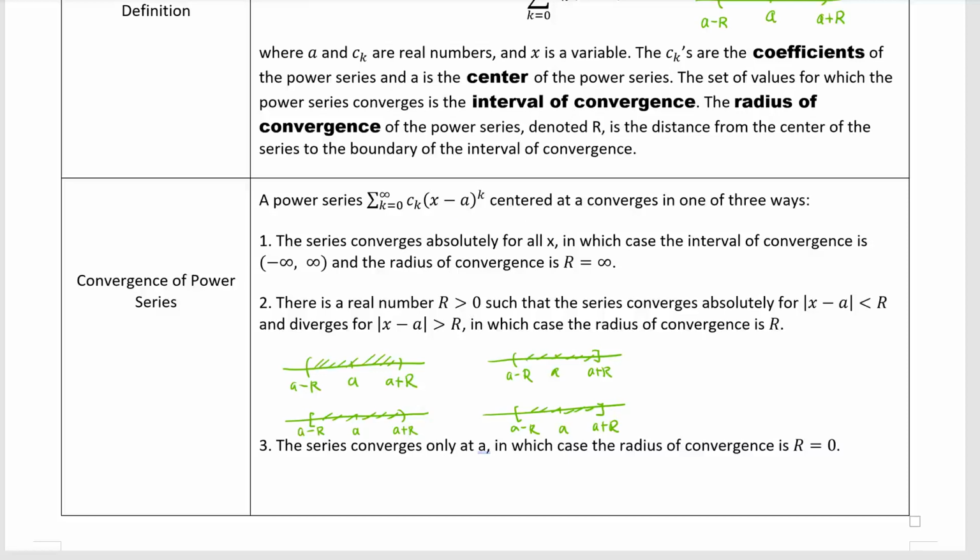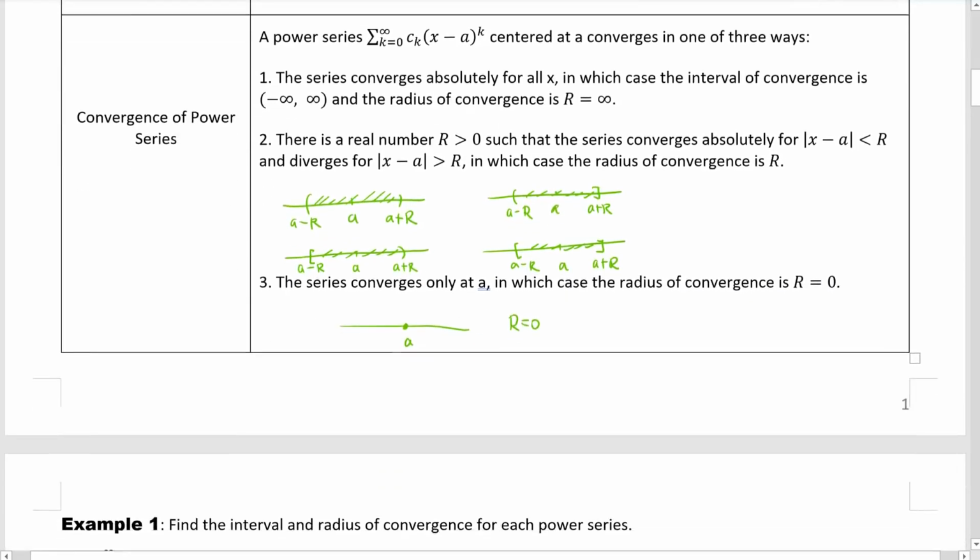That's why all the series converge at the center. This case means the series converges only at the center, so if we draw the picture, it only converges at a and diverges anywhere else. That's why r is 0. So far, so good, everybody? Okay, so those are the three cases.